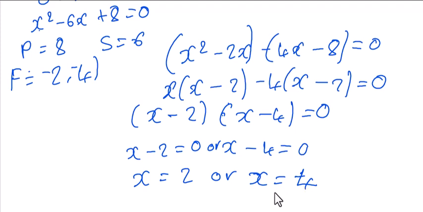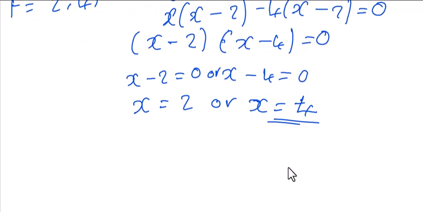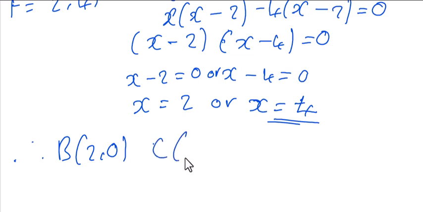Therefore the coordinates of B are (2, 0), and the coordinates of C are (4, 0).